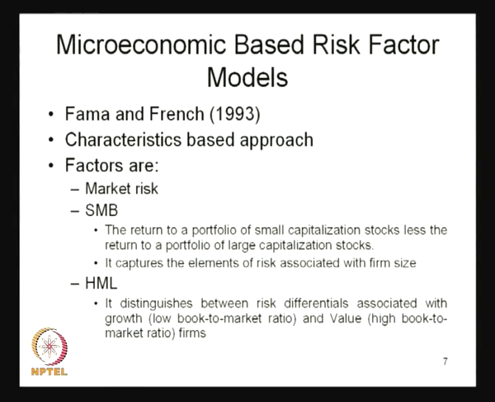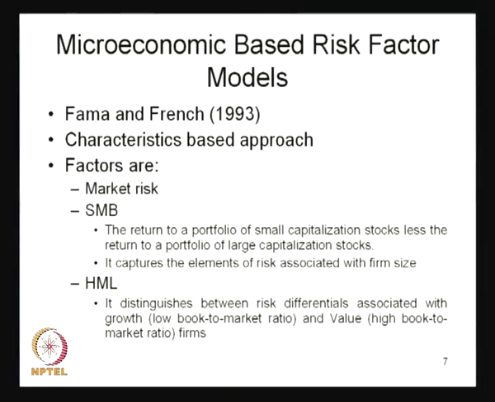We have already explained beta extensively when we discussed the capital asset pricing model, and according to Fama and French, the beta of a company varies from company to company depending upon its sensitivity towards the market return. So, this factor also plays a significant role in determining the stock return at a particular time.